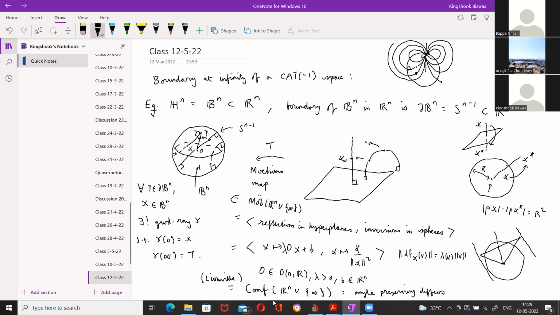Where gamma infinity means the limit of gamma t as t tends to plus infinity.